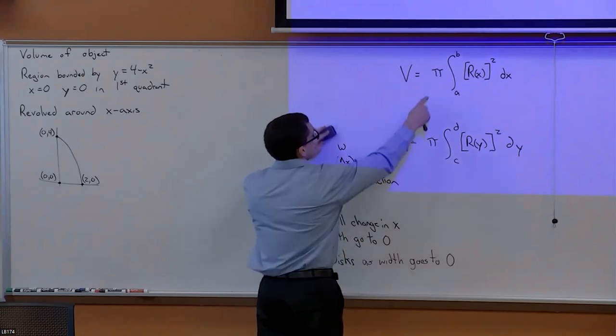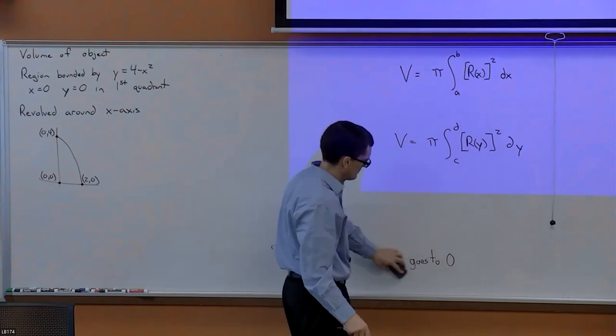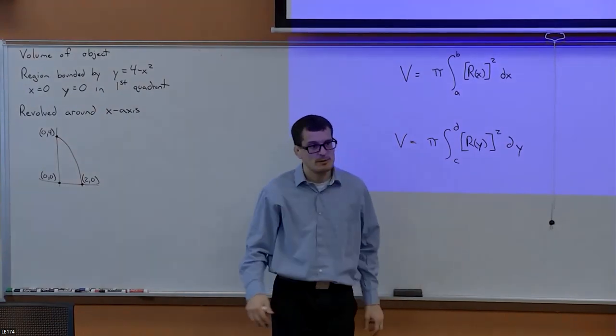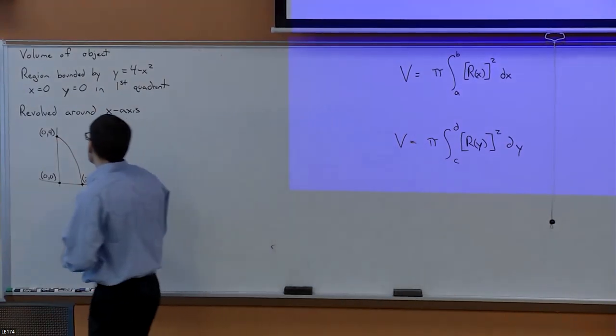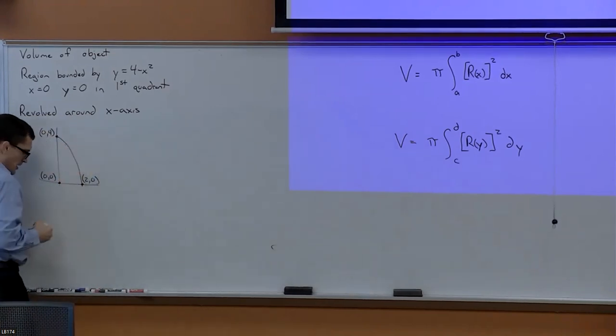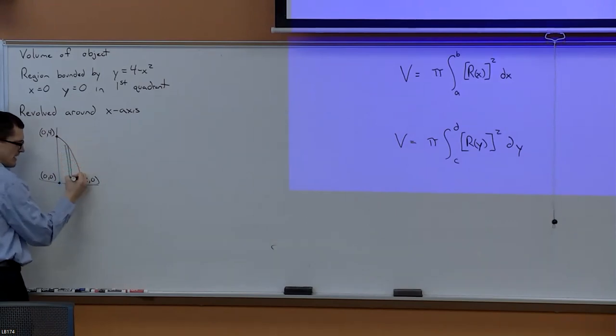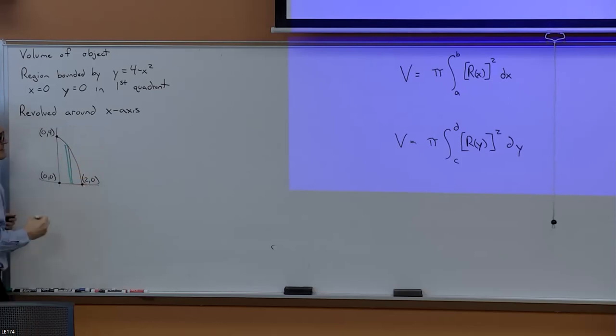That is a horizontal revolution. Which means that if I were to draw one little rectangle in here, you'll notice that it's thin this way.